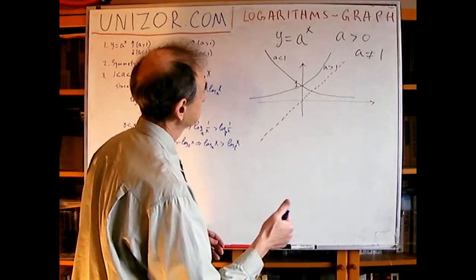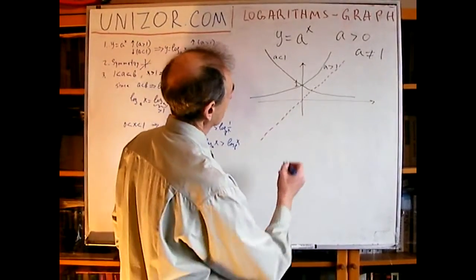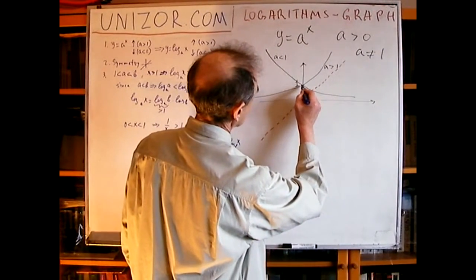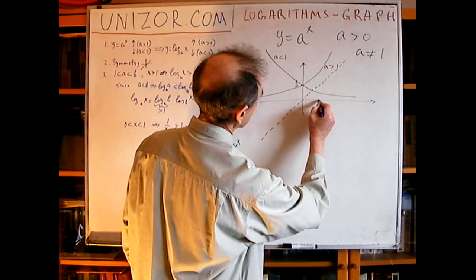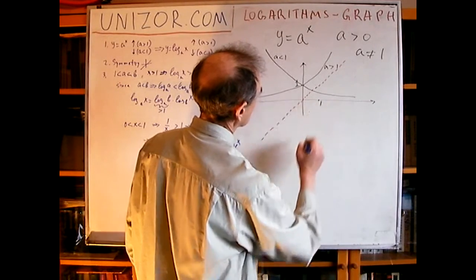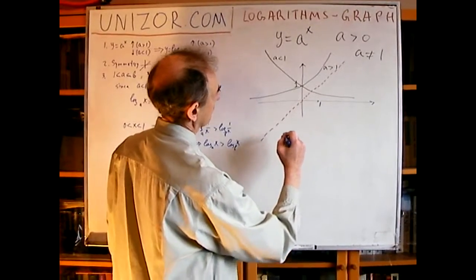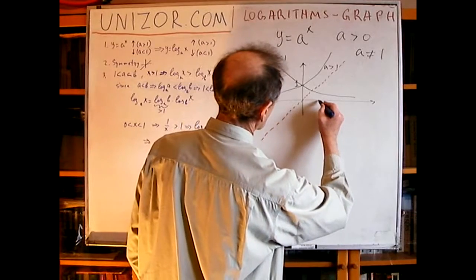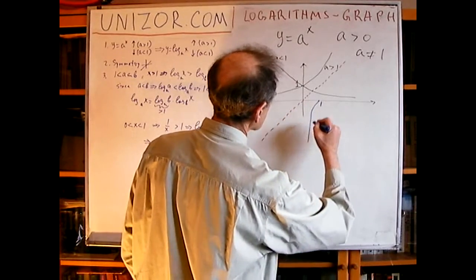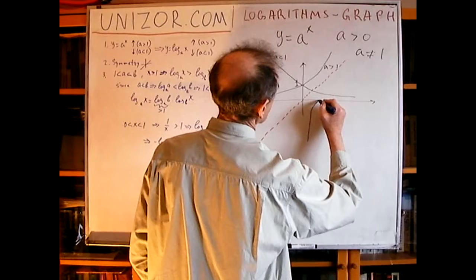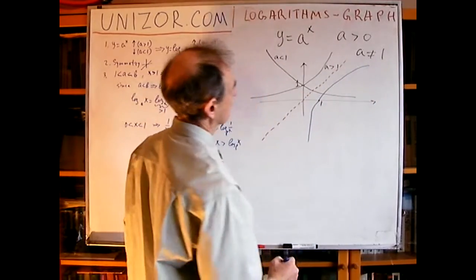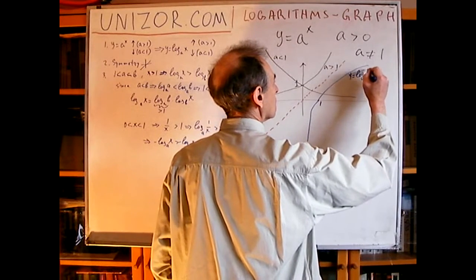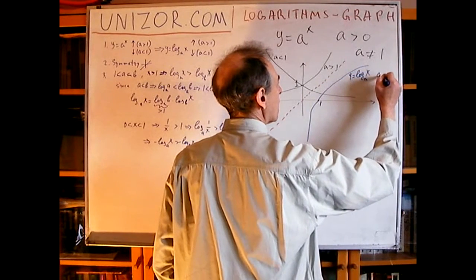Well, let me try. Symmetrical to this point would be this point, also 1. Symmetrical to this would be this, and symmetrical to this would be this. So this is y equals log base a of x, where a is greater than 1.